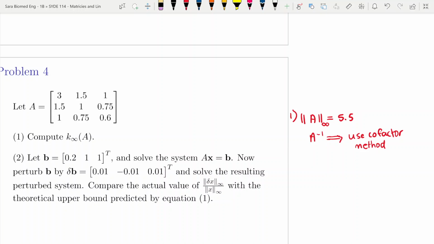What you can do is put the corresponding entries in a matrix as specified over here, and then you take the transpose, and you will get something like this.